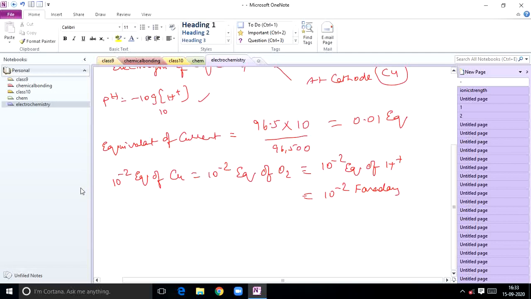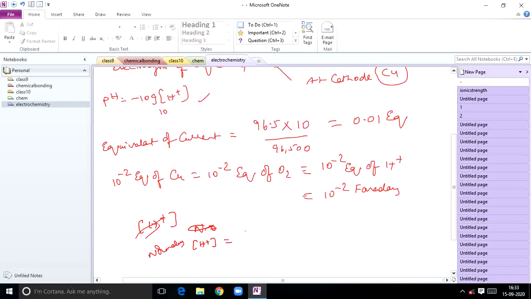That is the application. So from this you can calculate the H plus ion concentration in terms of normality. You know the formula: normality is equal to number of gram equivalents by volume in liters. Instead of that I am writing H plus ion concentration; indirectly, concentration is expressed in terms of normality.